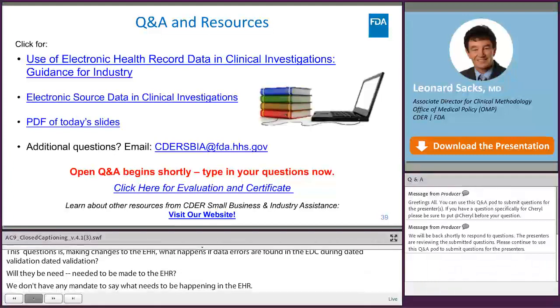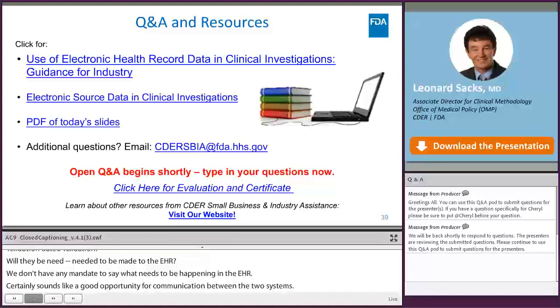Our interest will be that if there are mismatches between the data in the EHR and the EDC, they should be reconciled, and the audit trail should help figure out whether changes were made to the EHR after the data entered the EDC.